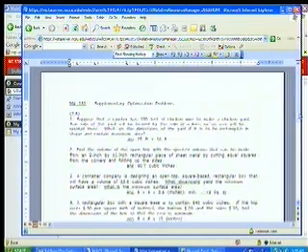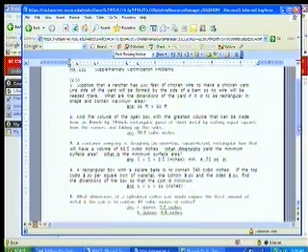Problems 1 through 5 are your geometric applications, and that will be one type you're responsible for. The first one is a rectangle. The second one is a box without a top. The third one is a square base rectangular box without a top.